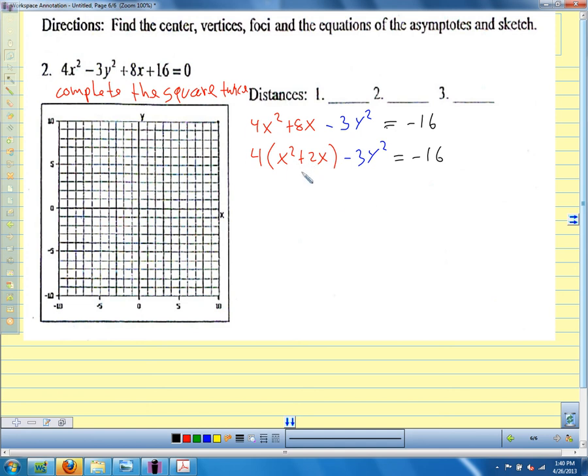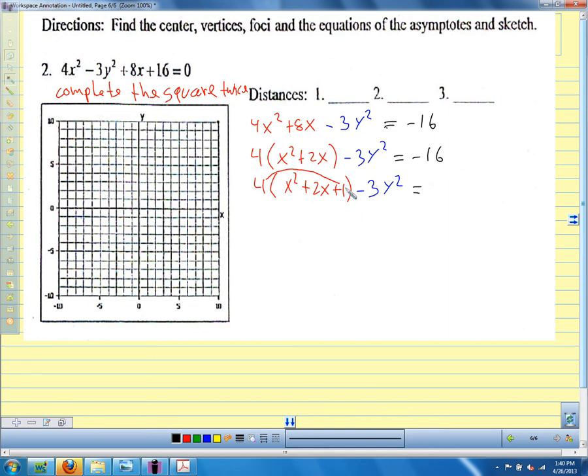Now I'm going to complete the square here. So I have 4x squared plus b is 2. b over 2, 2 divided by 2 is 1. 1 squared is 1. So that completes the square there. Minus 3y squared equals, I am multiplying this 1 by 4. I have to distribute that 4.